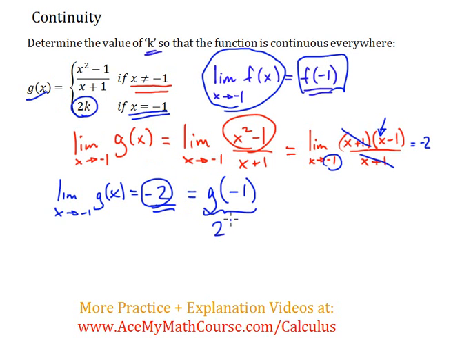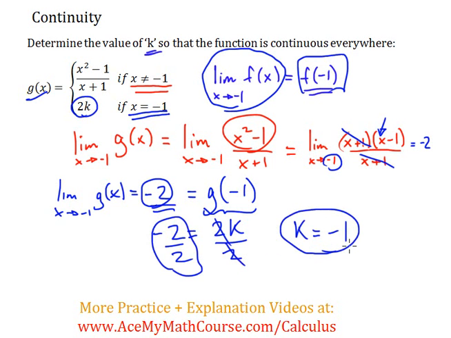So this is equal to 2k. And 2k must be equal to -2 then. So we can divide both sides by 2. So k must be equal to -2 divided by 2, which is -1. So it looks like that if k is equal to -1, this function is continuous everywhere.